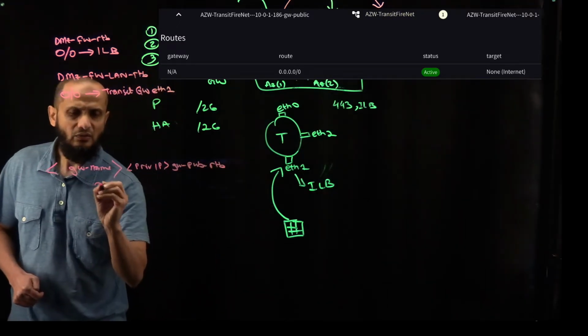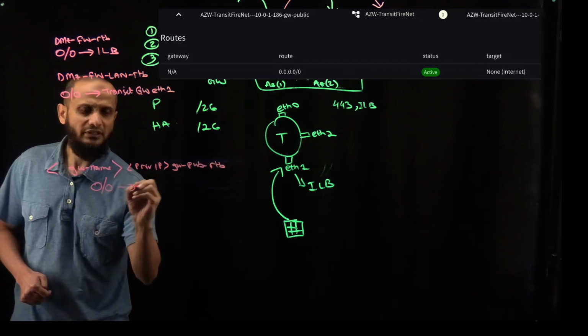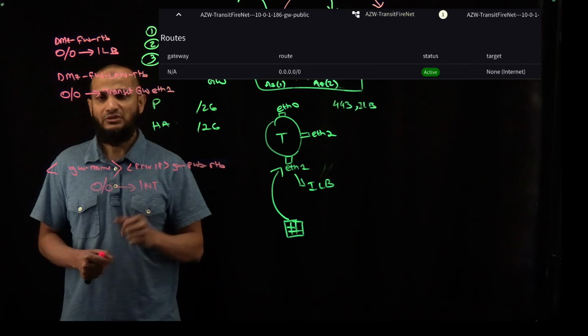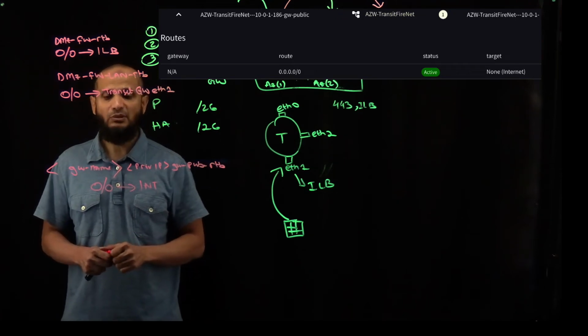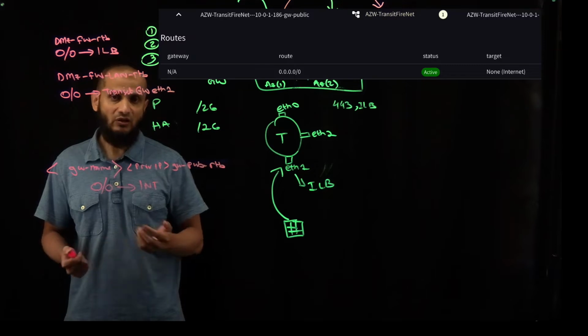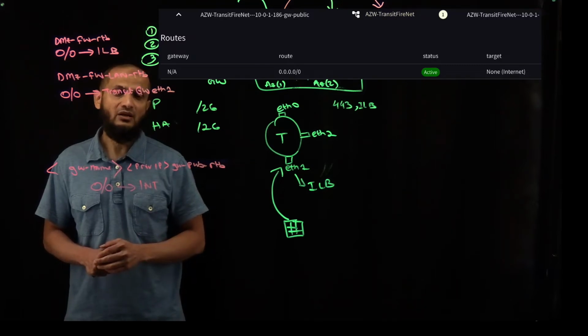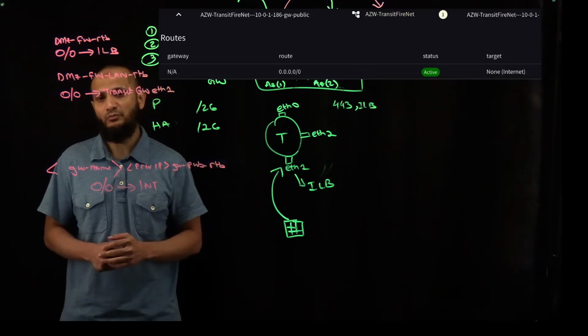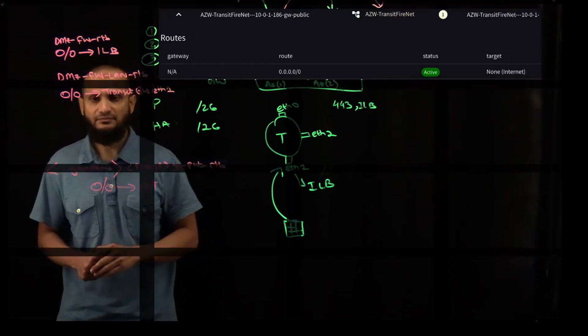And here quad 0 will be pointing towards the internet. This is also a very important routing table where we have quad 0 pointing towards the internet. It solves the problem of split tunneling when you are sending a quad 0 route from the on-prem for some of your use cases.